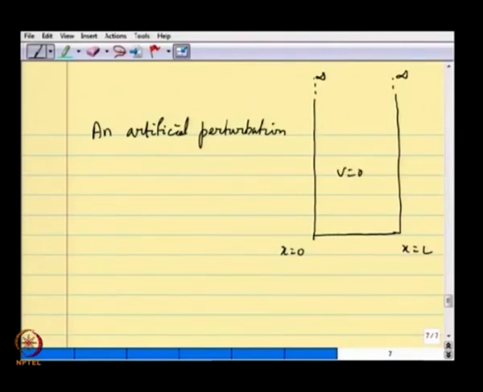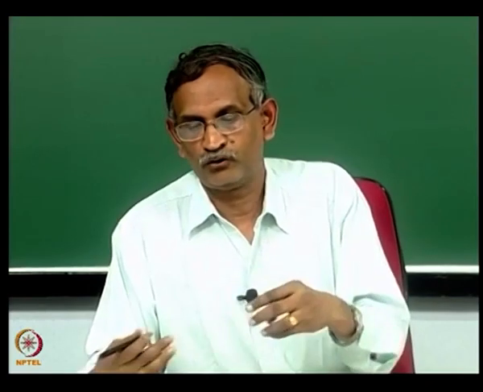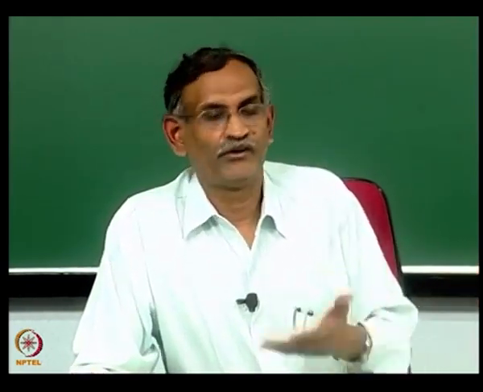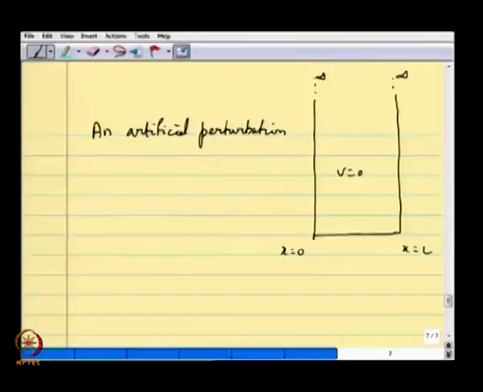Okay. Now we are going to consider obviously a perturbation that exists only in the box. There is no point in adding perturbations to the walls, it is already infinite potential. So let us consider v of x, the perturbation, or sorry, the H which we have been using, H1.